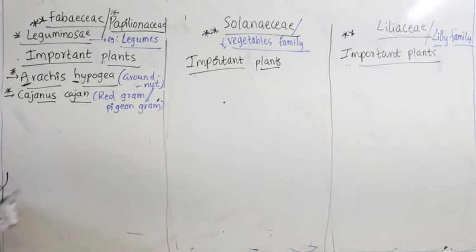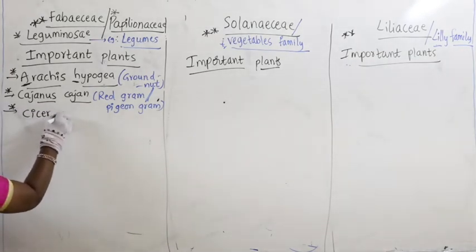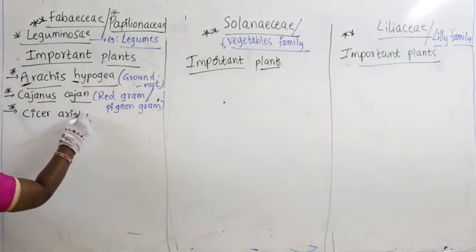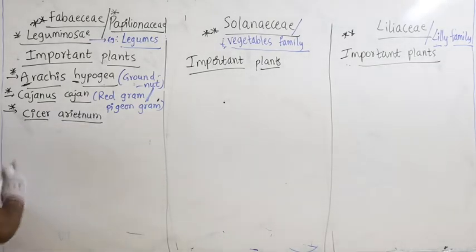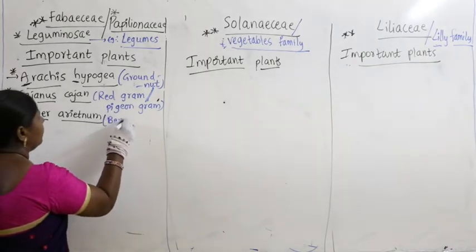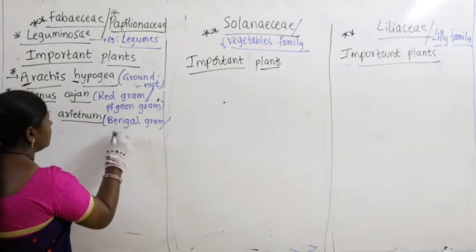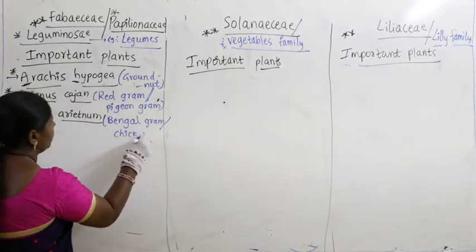Right? Then the other one is Cysoarinum. This is commonly called Bengal gram, or it is also called chickpea.